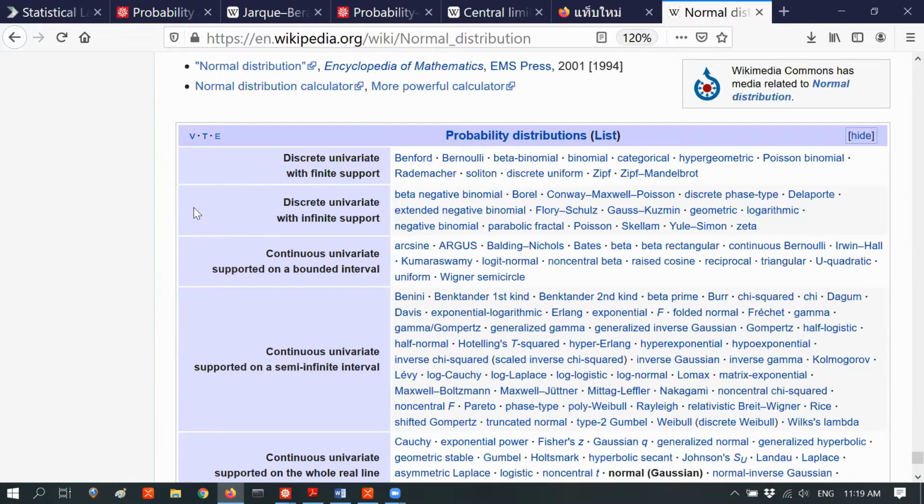It could be 1,000, 10,000. So if I tell you that the number of forest fires looks like Poisson distribution, you're going to find it under discrete because it's a discrete number: 0, 1, 2, 3, 4, 5, but infinite. So you'll find it here. See?